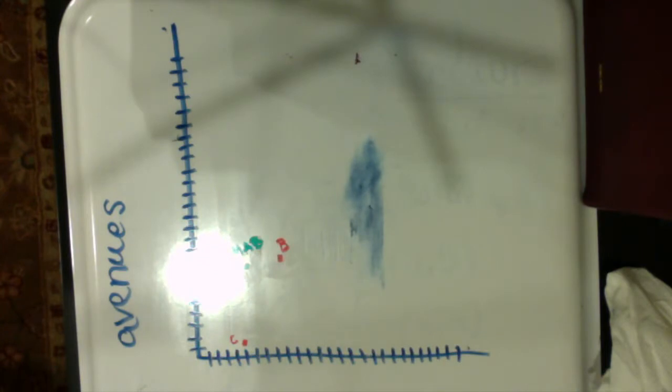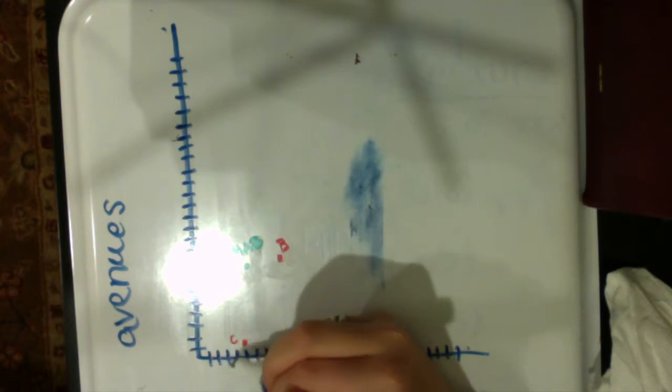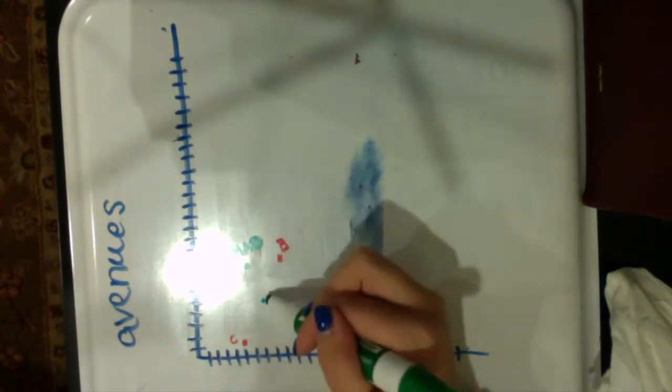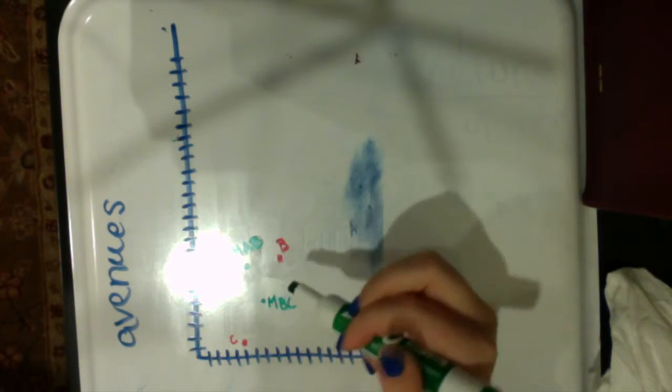Next, I am going to graph the midpoints for these lines. The midpoints are at points 6, 8, 7, 5, and 4, 4.